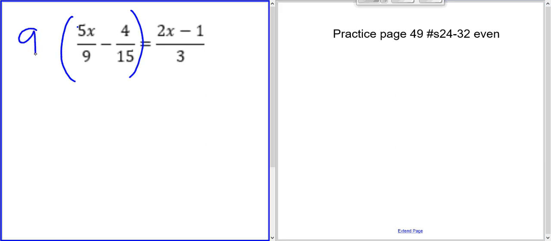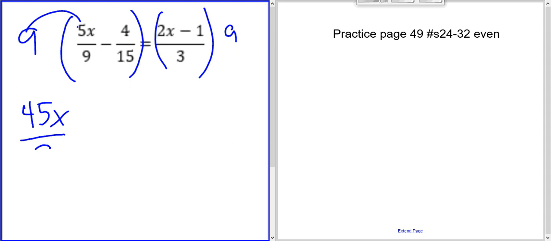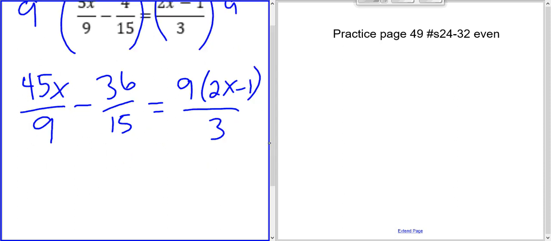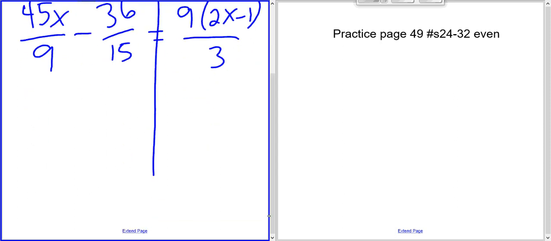So I've got to multiply both sides by 9. So 9 times 5x over 9 is 45x. 9 times 4, so this is minus 36 over 15, equals 9 times 2x minus 1, all divided by 3. And I'm going to draw my line because I'm going to be solving this.